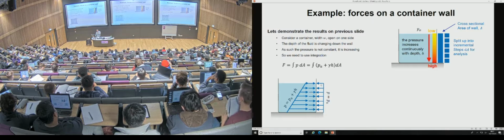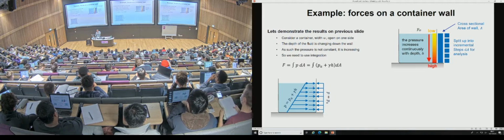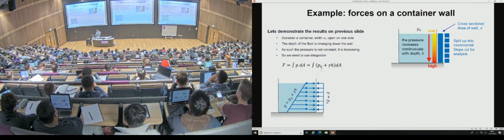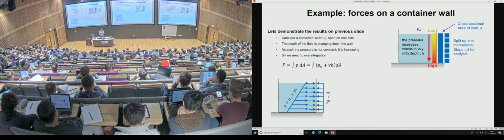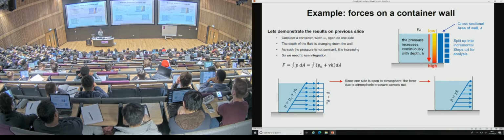We have the pressure due to atmospheric pressure acting on both sides, and we have the pressure due to the increase in depth through the fluid. Because we're looking specifically at the resultant force acting on this wall, we can simplify it by taking out the atmospheric pressure, so it's equal and opposite.